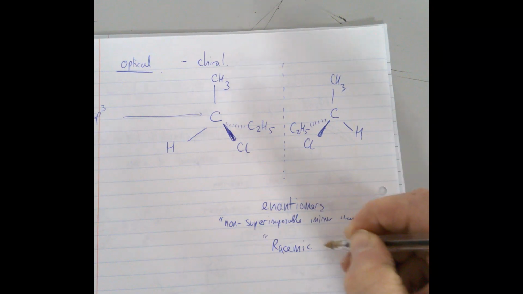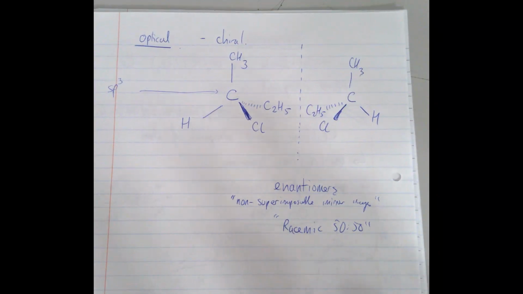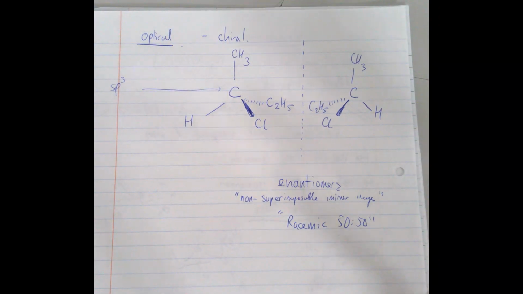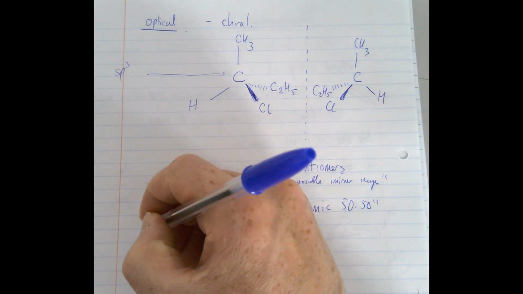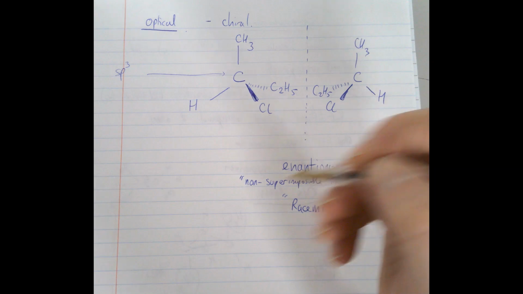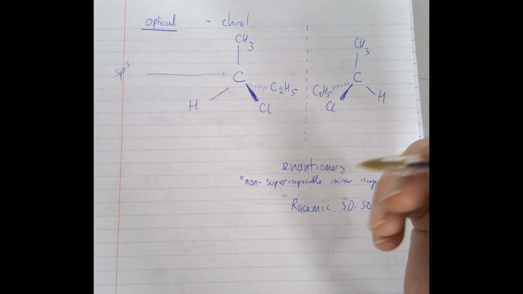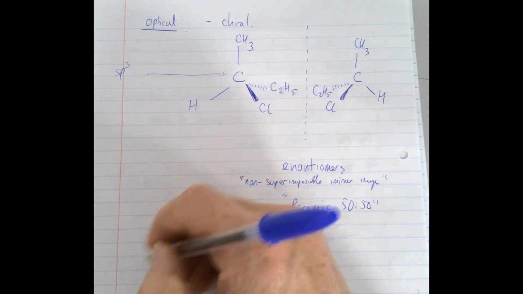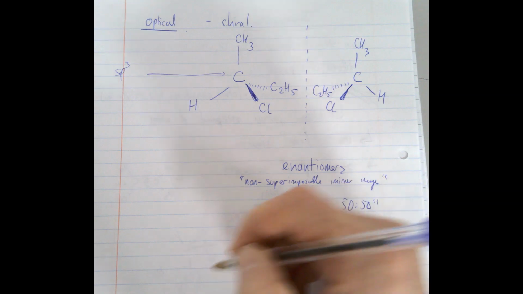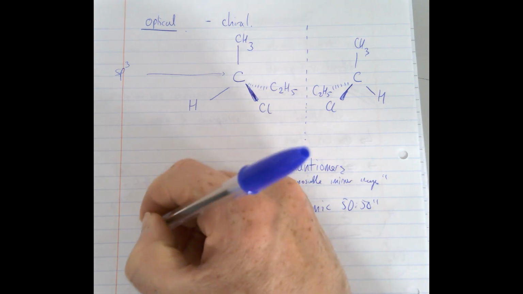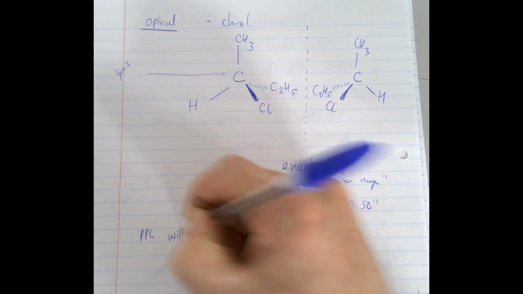But if you've got more of one enantiomer than the other, or most likely in an IB exam, either one enantiomer or the other, what would happen is if you shone plane polarized light through a solution, the plane polarized light will rotate.